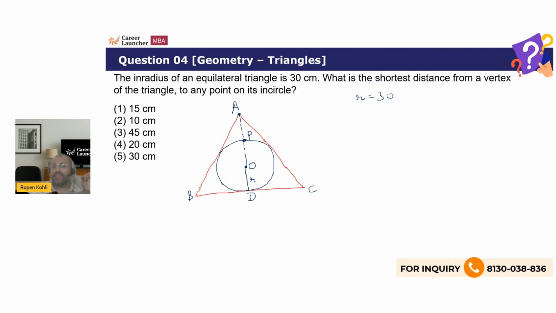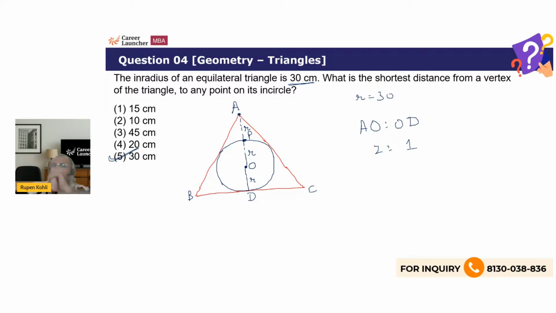So this AD, which is the median, the altitude, the angle bisector, the perpendicular bisector, all of that, has AO to OD in the ratio 2:1. Now you see how close we are to the answer. AO is 2R and OP is also the inradius R. Hence, the very simple answer: 30 is the inradius and 30 is the required distance as well. Isn't it?